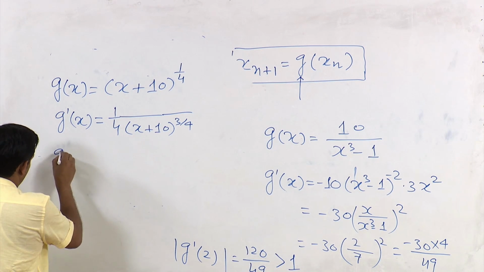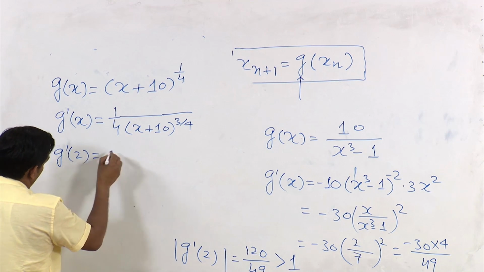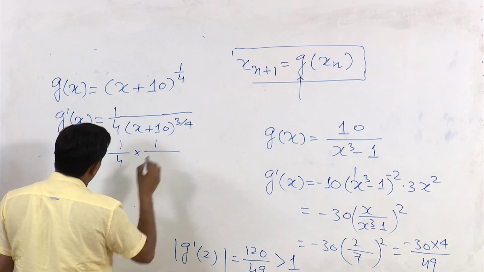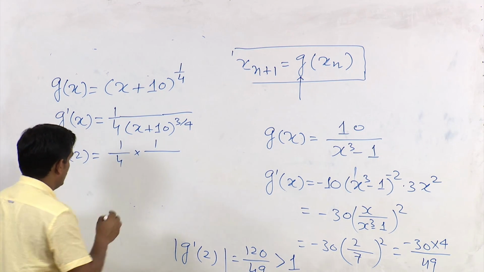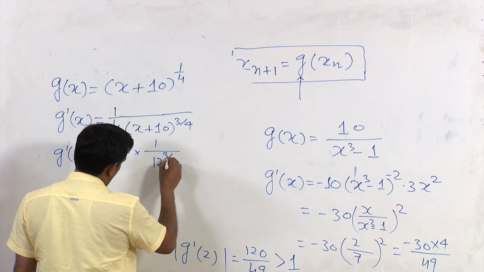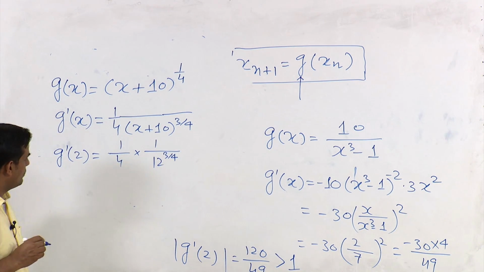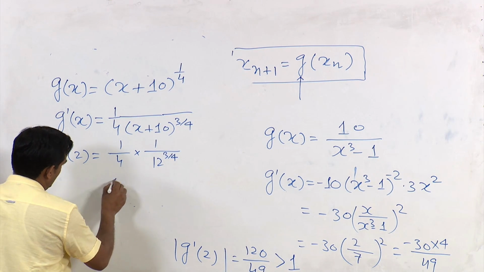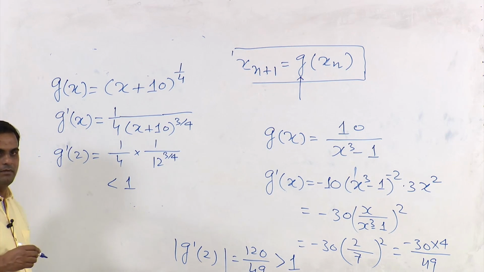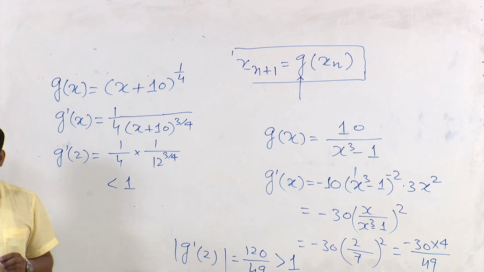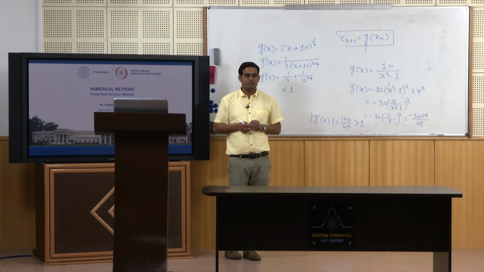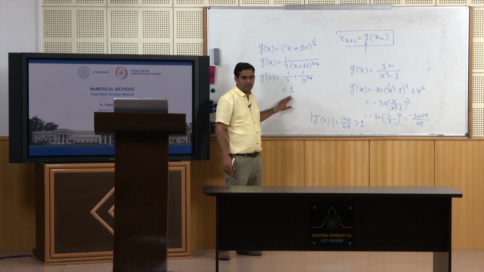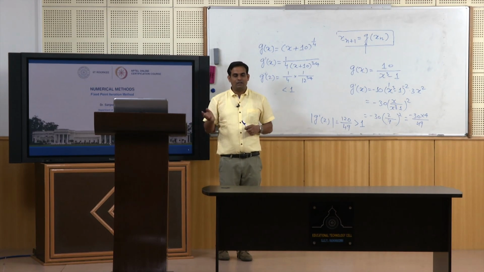If I calculate g prime 2, it will become 1 upon 4 into 1 upon 12 raised to power 3 by 4, and this number will be less than 1, and hence the condition for the convergence on the choice of g is fulfilled here, and that is why the method is converging quite faster.